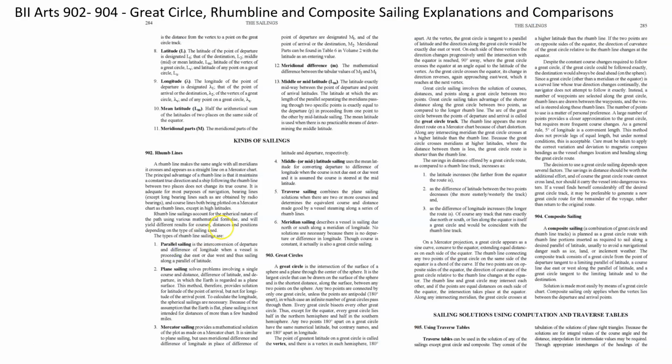Okay, so in Bowditch 2024, Volume 2, there is this section 902 and 903 and 904. They're in chapter 9 on sailings. And these couple of pages here have a lot of really important information, particularly that you'll be interested in for the Nav General section of your Coast Guard exam.